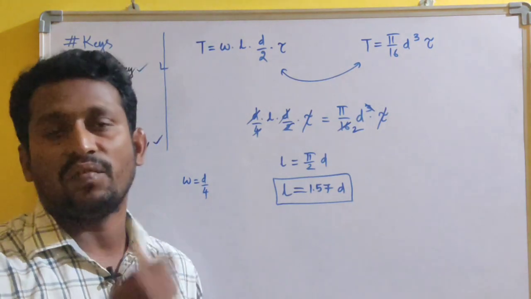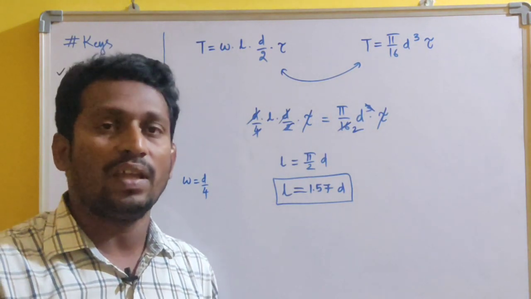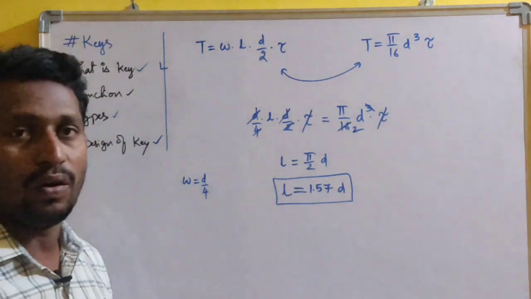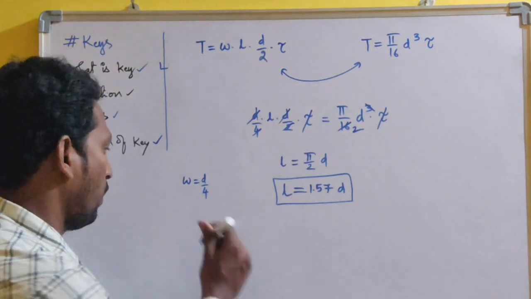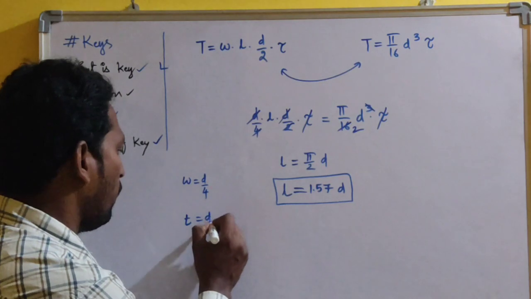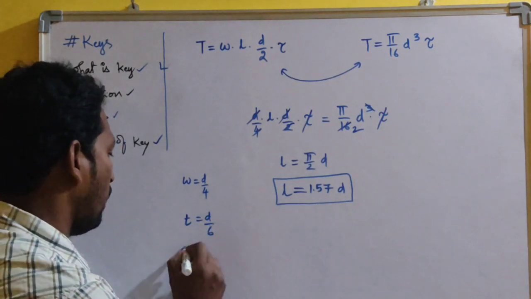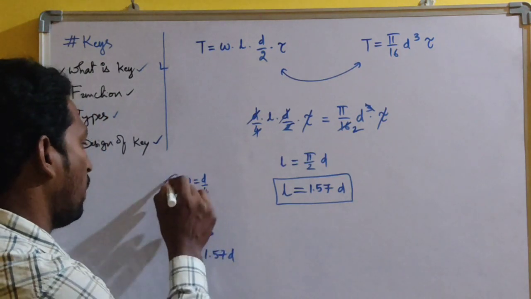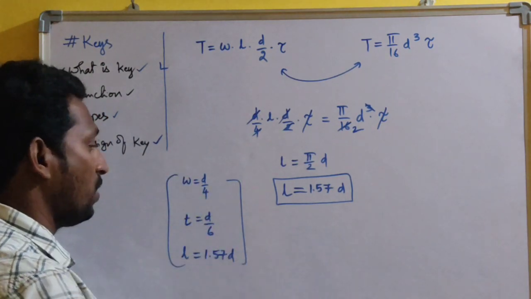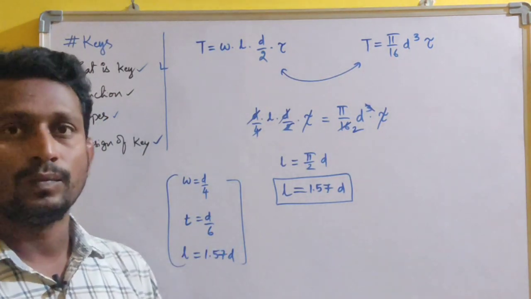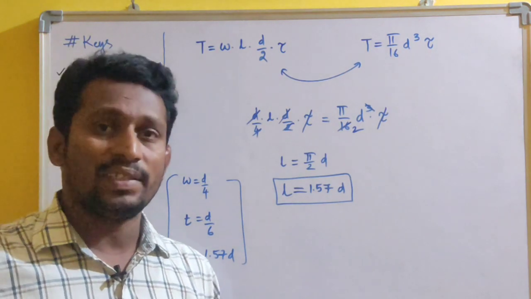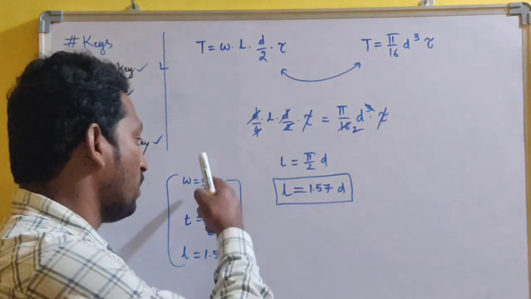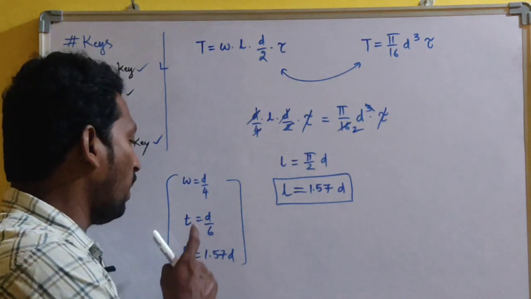This way we can find the dimensions: the width of the key is d by 4, thickness equal to d by 6, and length equal to 1.57 into d. So these are the various dimensions of the key. Designing of the key means determining these dimensions: W, small t and small l.